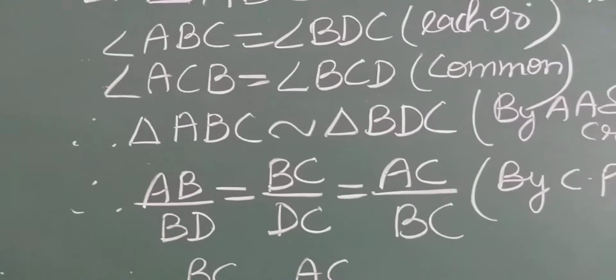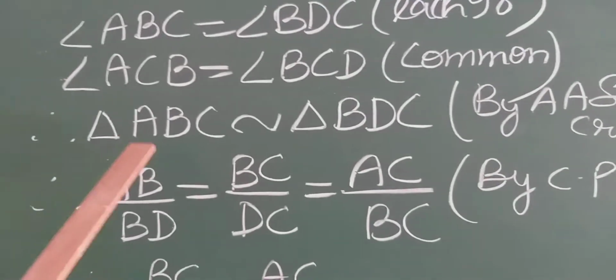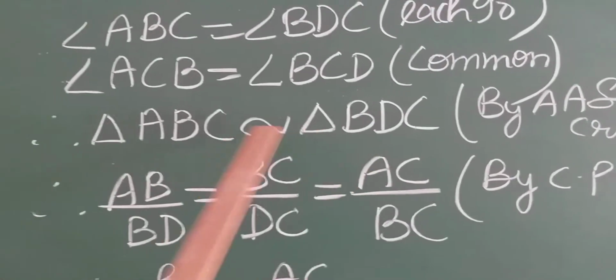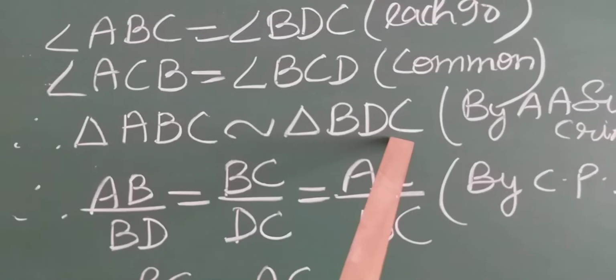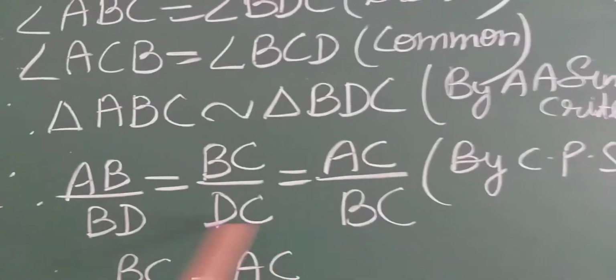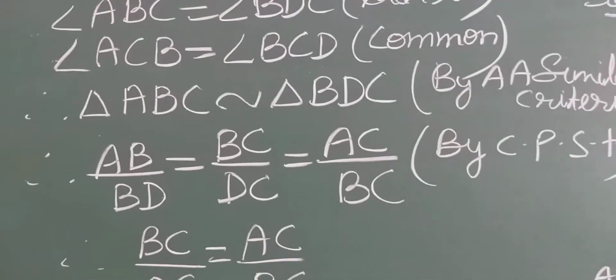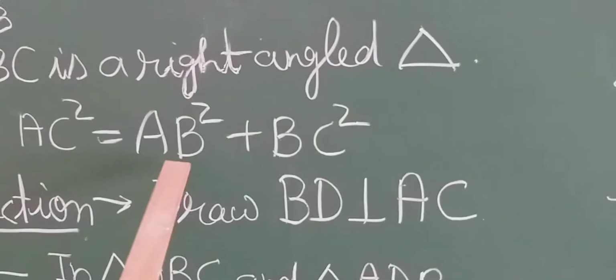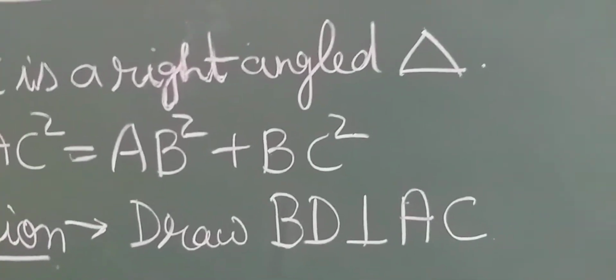Okay students. Now the ratio of corresponding sides should be equal. AB upon BD equals BC upon DC equals AC upon BC by CPST. Students, we have got AB square. Now we need BC square.